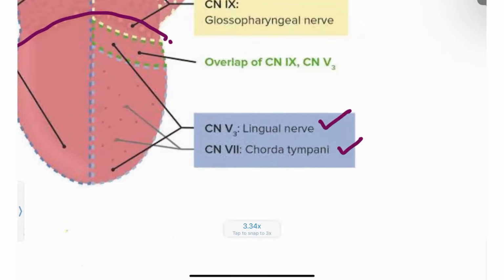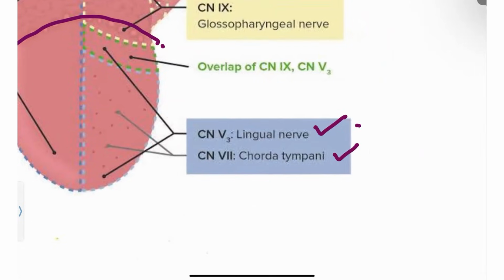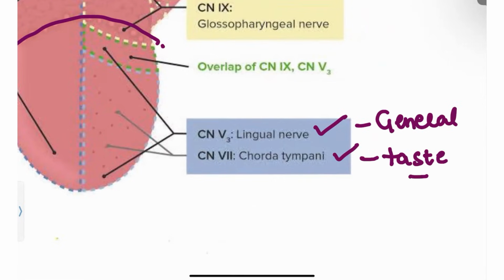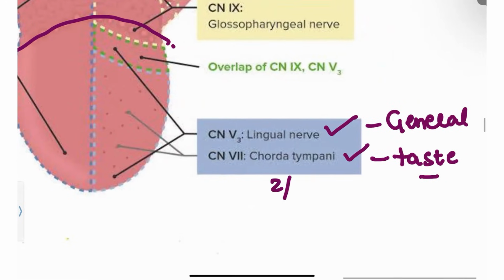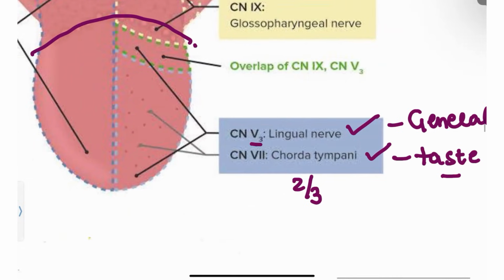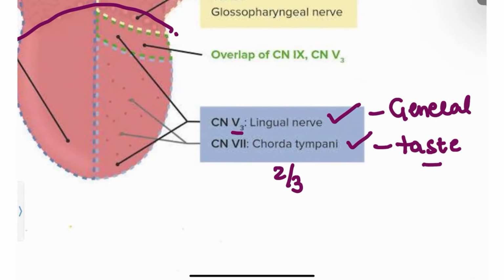The lingual nerve is going to give general sensation, and the chorda tympani is mainly for the taste sensation. These two are supplied by the V3, the trigeminal third branch, the lingual nerve, and also the chorda tympani nerve. Okay, that's the first one.